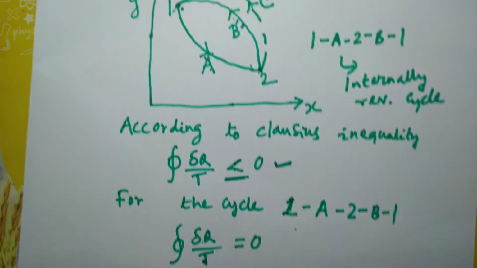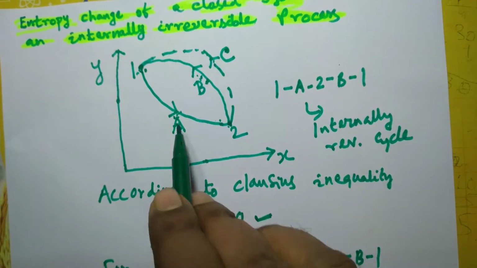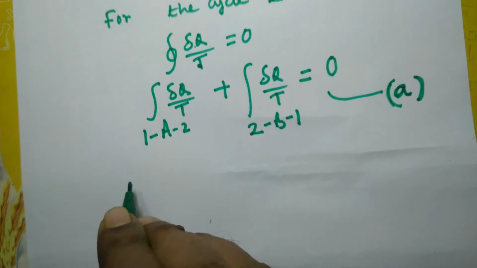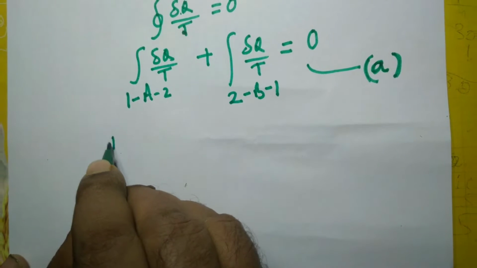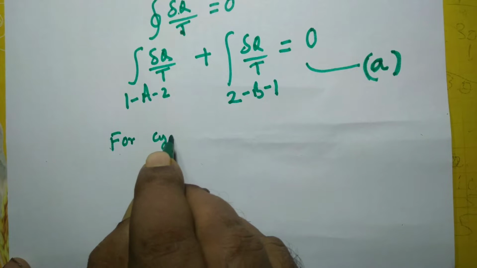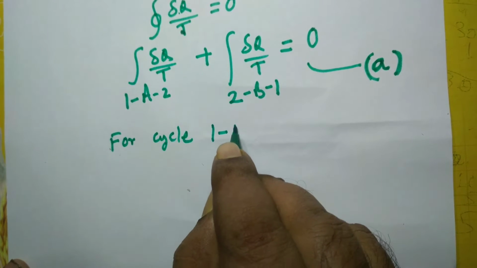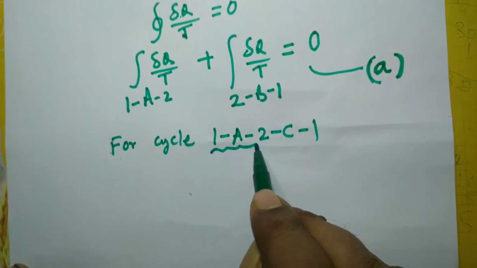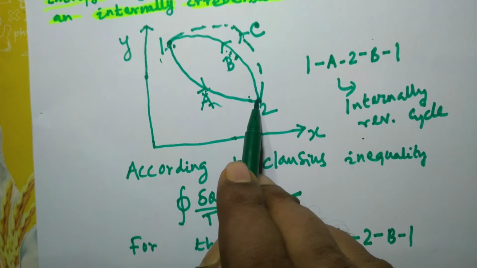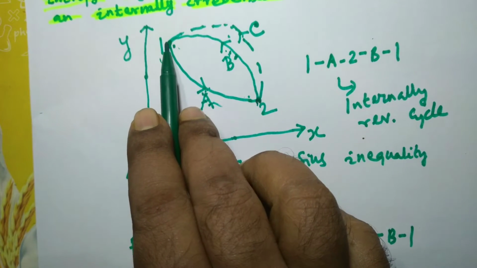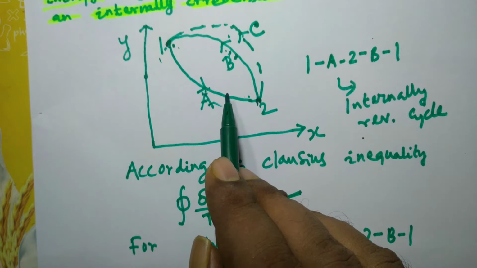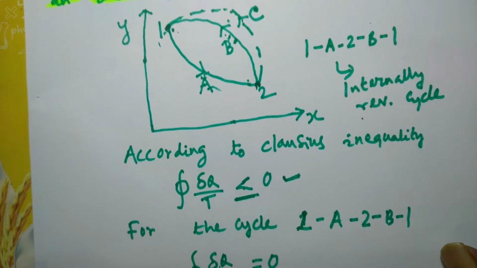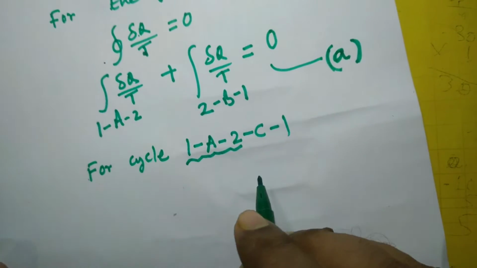And for the cycle 1A2C1, if you apply the Clausius inequality, it will be like this. In this cycle, 1A2 is a reversible process, but 2C1 is an internally irreversible process. If any one of the processes that constitute a cycle is irreversible, that cycle is called an irreversible cycle.